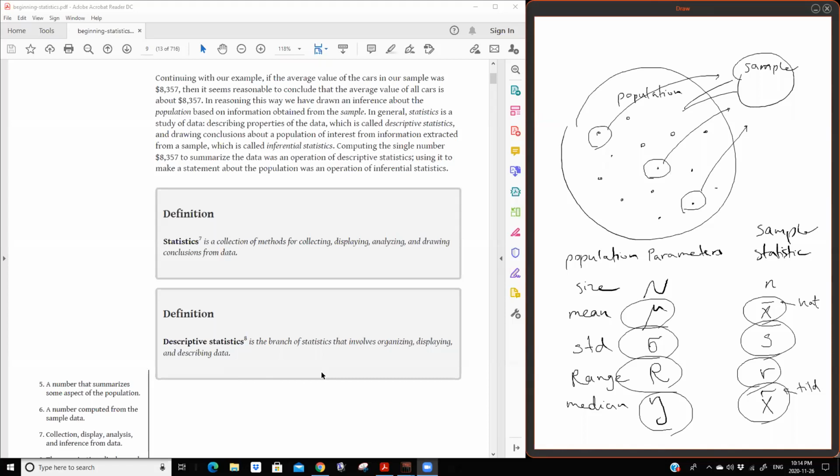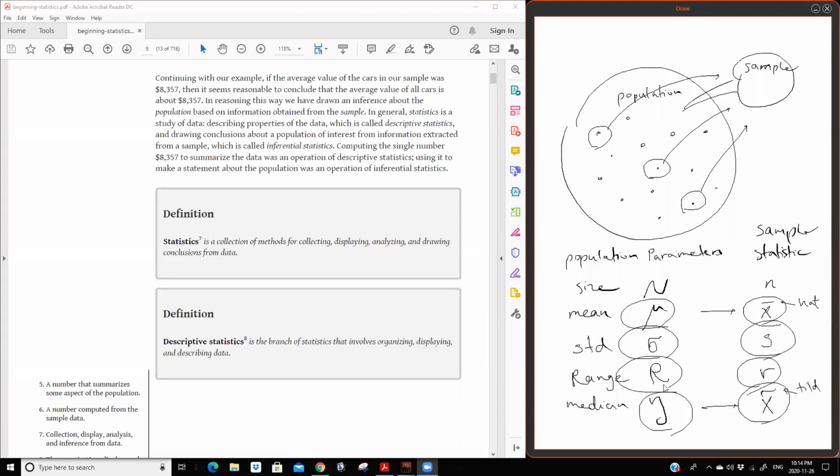We're going to learn how to interpret some charts like bar charts, pie charts, histograms, dot plots, box plots, and we're going to measure some sample statistics like measures of central tendency, like X bar and mu, or mode.